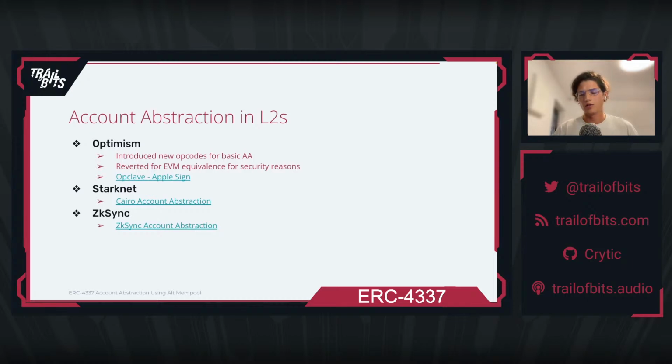It basically allows Apple Face ID, Touch ID signatures to be verified inside of a smart contract in the context of ERC-4337. StarkNet and ZK Sync both have account abstraction, and it is heavily inspired by ERC-4337. However, there do exist some differences. But it's good to see that we're all working on the same specs.